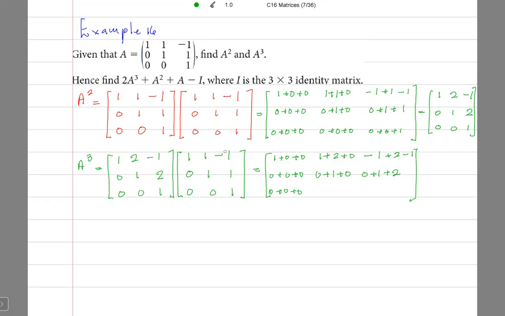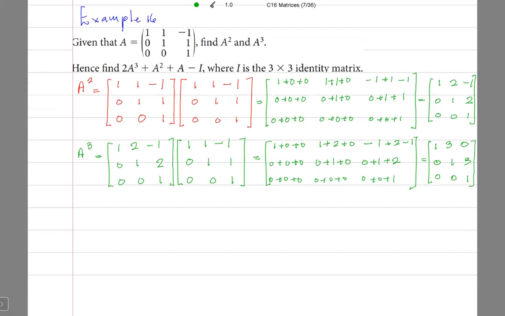Bottom row, middle column, 0 plus 0 plus 0. Bottom row, right column, 0 plus 0 plus 1. All right, and so our final answer here would be 1, 3, 0, 0, 1, 3, 0, 0, and 1. So that would be A cube.